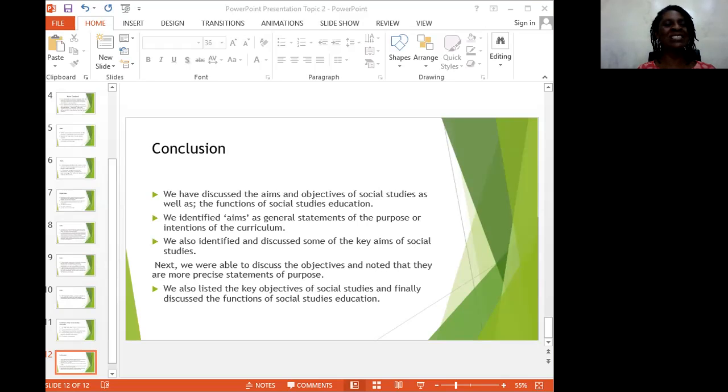And we listed 3 aims, while we listed 5 objectives. Then we went on to discuss the functions of social studies education. Remember, we discussed 5 main functions. And of these functions, we discussed the skills that help the individual develop.